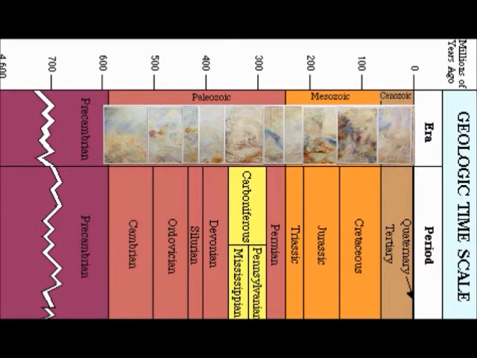Those 3 periods, the ones in orange you can see, are the Mesozoic. That's middle life, time of the dinosaurs. At the end of the Cretaceous, an asteroid hits the Earth and the dinosaurs become extinct. And through the Cenozoic, we see the rise of the mammals, Tertiary and Quaternary.